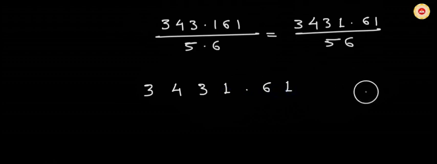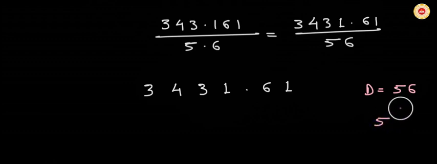What is the divisor? The divisor is 56. Let us bifurcate divisor 56 in two parts, 5 actual divisor and 6 Dhwajank, that means flag digit. Let us make this tens place digit 5 an actual divisor, and the units place digit 6 in the divisor a flag digit.